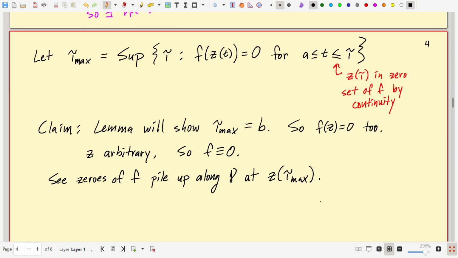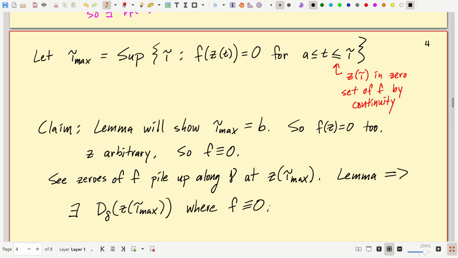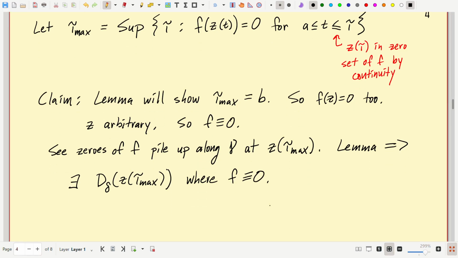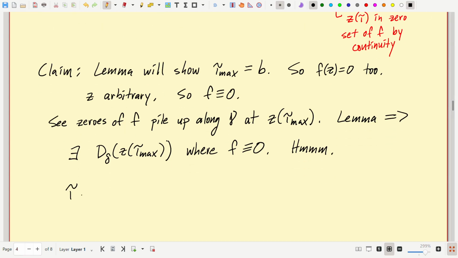So my lemma means that I can stick a disk around there. There exists a disk, a little one maybe, D delta about z of t max, where my f is identically 0. And that means t max is not the max. So the conclusion is t max is not the max.